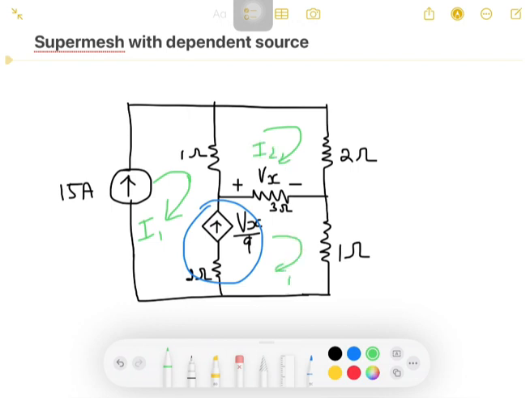I1 is the current flowing in the first loop, I2 in the second loop, I3 in the third loop. And if you observe this, this is a current source. This current source is common to loop 1 and 3. Right? So let us solve this.